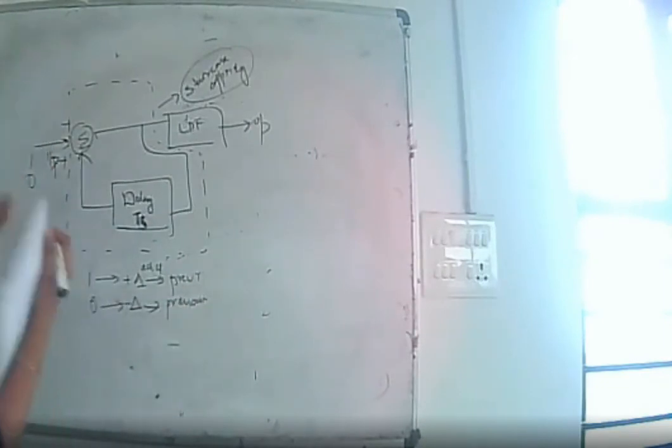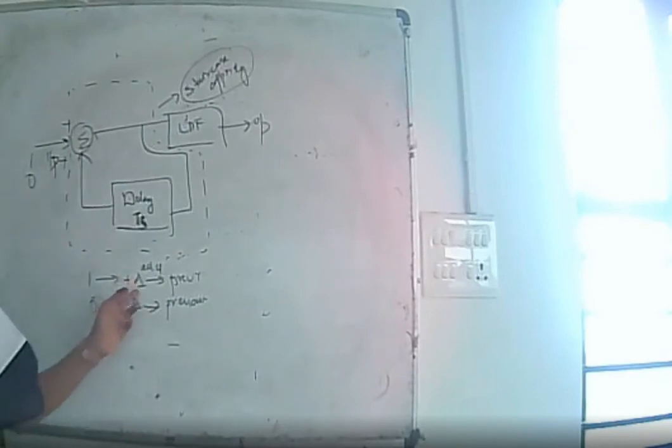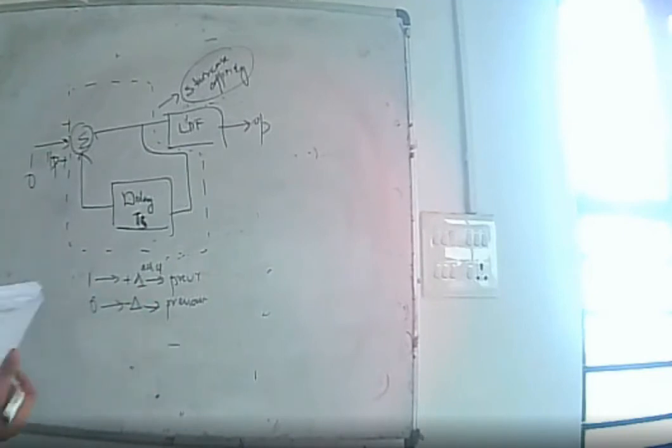That is, if the input is binary 1, it adds delta to the previous value, and if it is binary 0, it subtracts delta from the previous value or previous output.